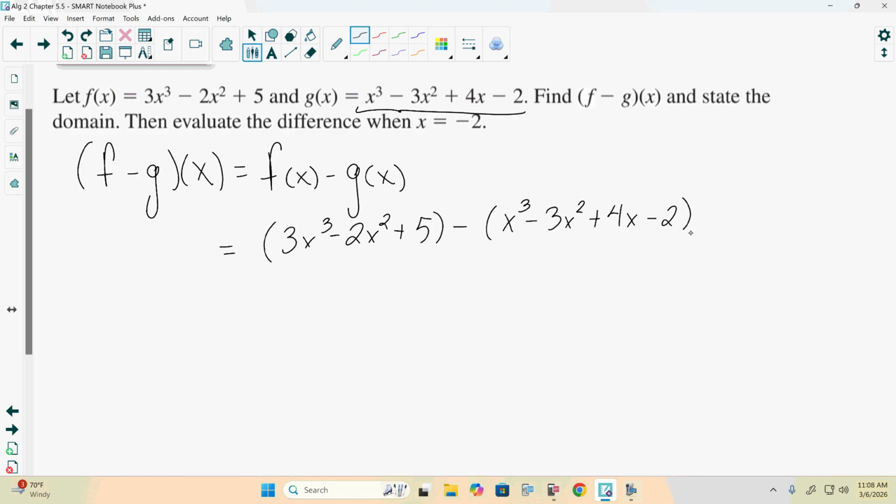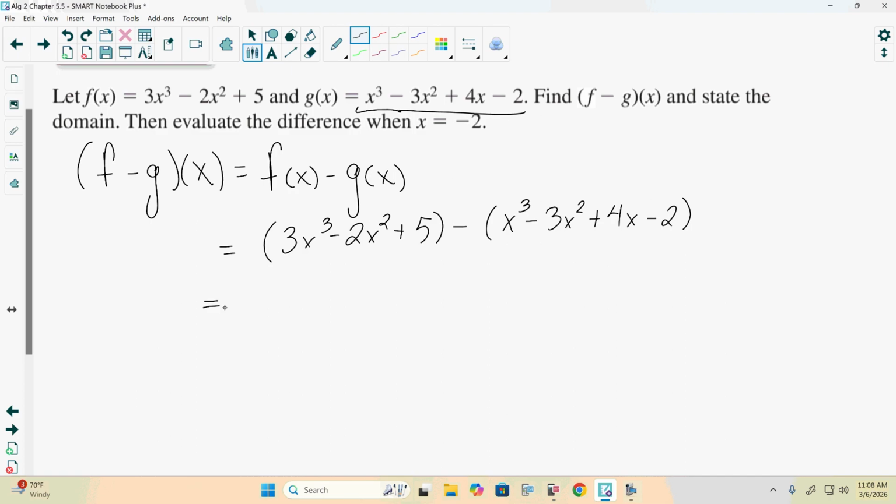All we did was take what f of x is equal to and replace f of x with it, and we did the same thing for g of x. Questions on this so far?